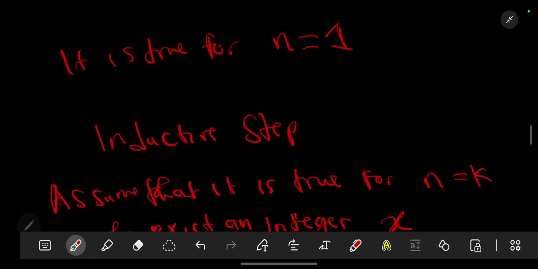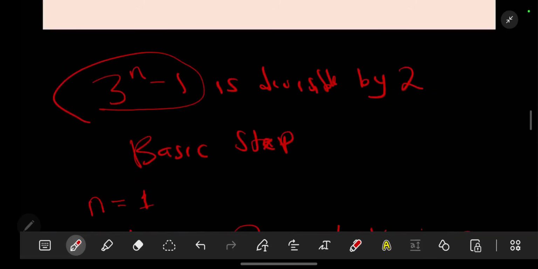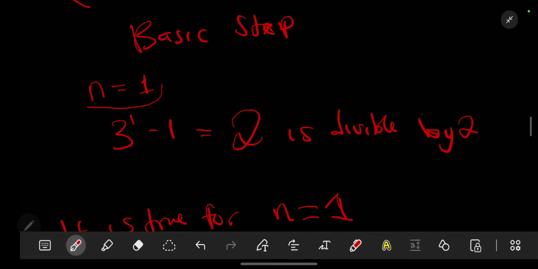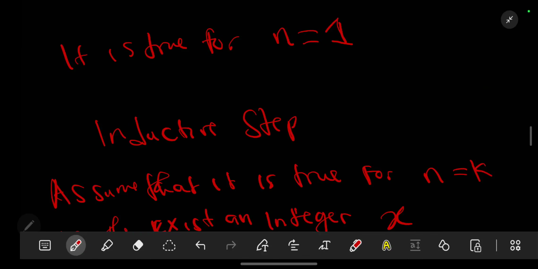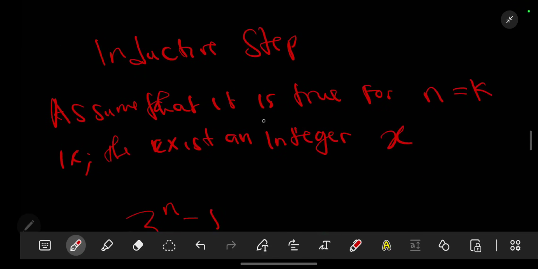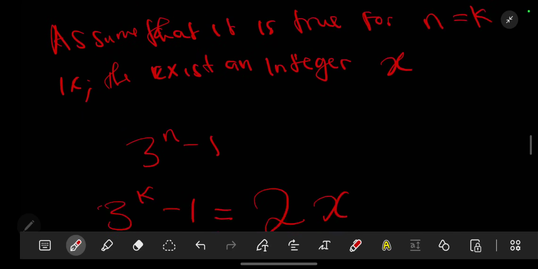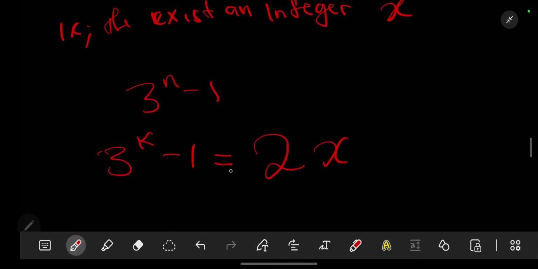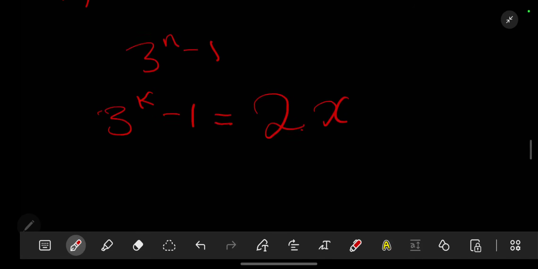Remember where we are getting this: it is because it worked for n is equal to 1. So if we assume that it is also true for n is equal to k, whatever the value will be here, it will be equal to 2 times x, just as I have explained.